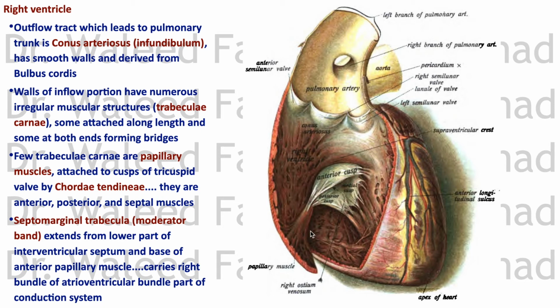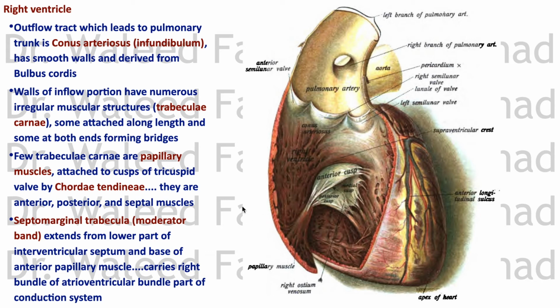See, they are perpendicular to each other. The outflow should be smooth here. And the rest of the ventricle is rough because of the trabeculae carneae, elevations from the cardiac muscle. Some of them are attached at two ends, making bridges. Why do we have the trabeculae carneae?